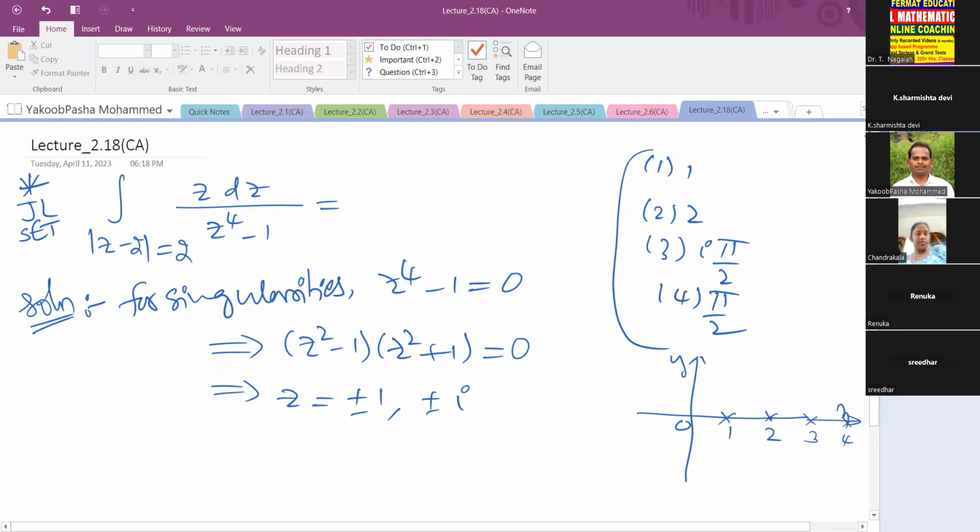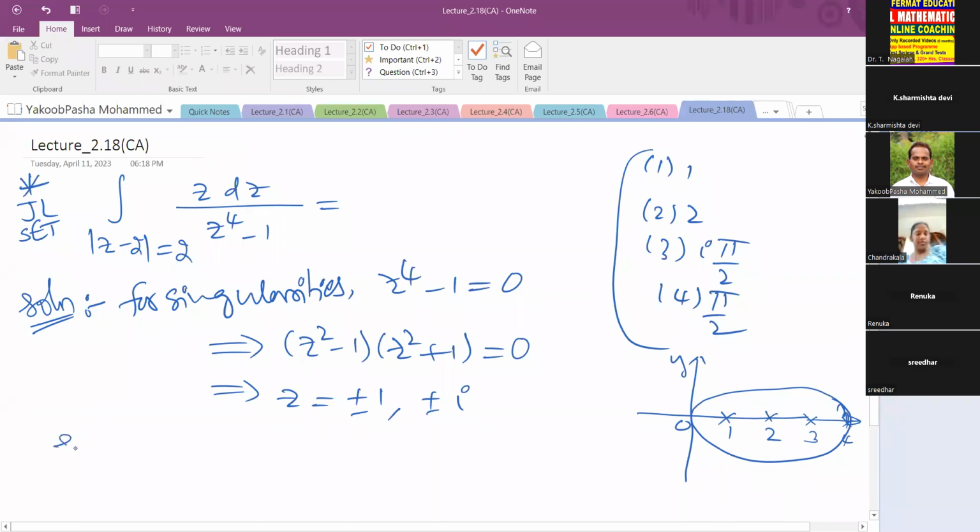That means this is the circle. Here z is equal to 1 is inside the circle.